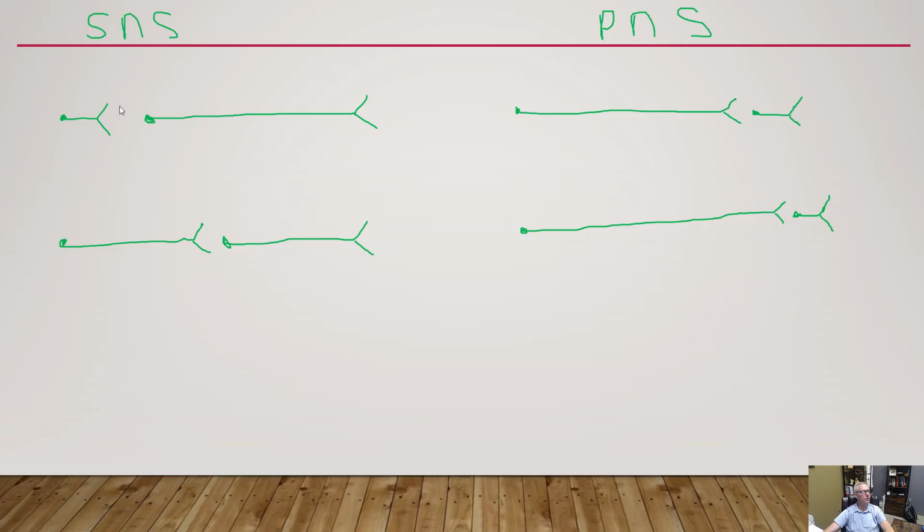So here in our ganglia, we have acetylcholine being released on the sympathetic side and the parasympathetic side, because a neuron to a neuron always releases acetylcholine.